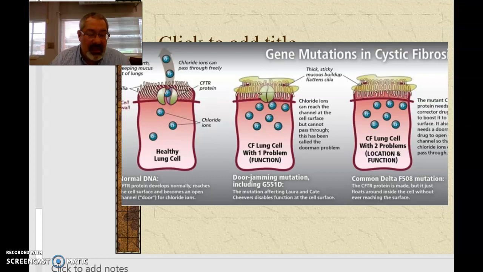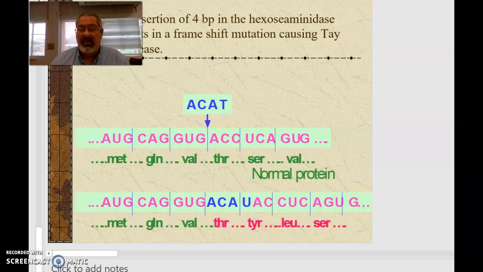There's one more example that I wanted to show you of a point mutation, and this is called Tay-Sachs disease. It's due to an altered protein called hexosaminidase. Without this properly functioning enzyme, nerve cells will begin to degrade, and oftentimes a child will die before they reach the age of 5 due to the degradation of their central nervous system.